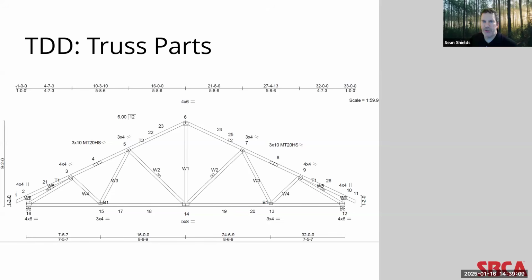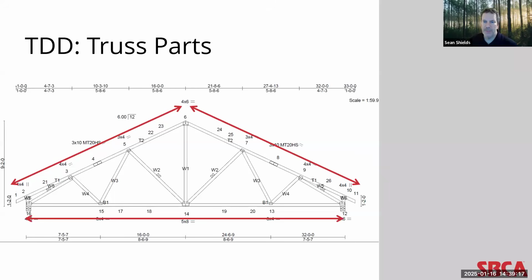Now, each truss has a few key elements to it. There are the top chords of the truss, and then there are the bottom chords. These make up the perimeter of the truss. This perimeter shape, again, is typically dictated by the architectural plans. They give you the length, the size, the height, all those kinds of things.